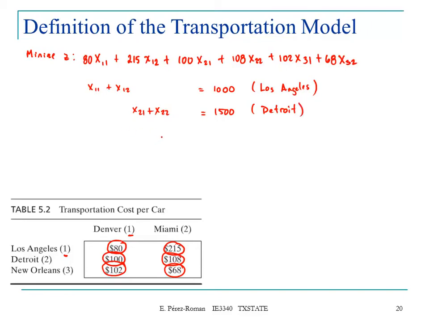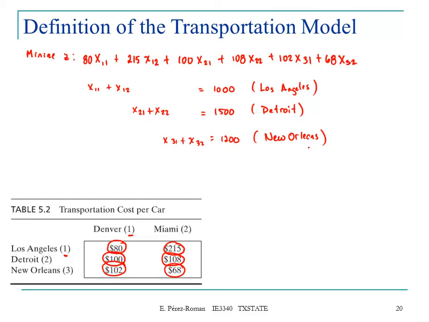And then we have X31 plus X32 equals 1,200, and this is New Orleans. So these are our supplies.